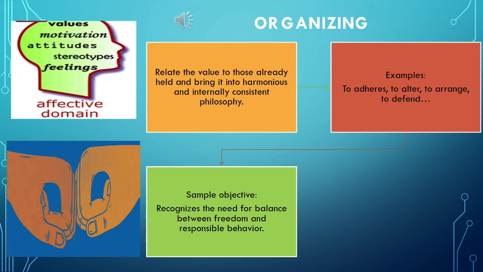The emphasis is on comparing, relating, and synthesizing values. The verb examples are to adhere, to alter, to arrange, to combine, to complete, and so on. To give an example, the student recognizes the need for balance between freedom and responsible behavior, or he or she accepts responsibility for one's behavior.